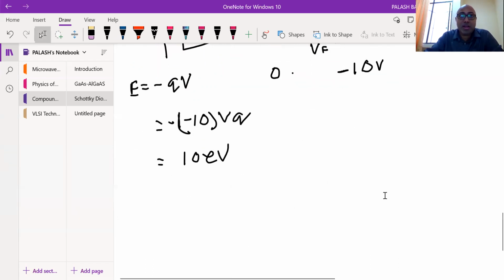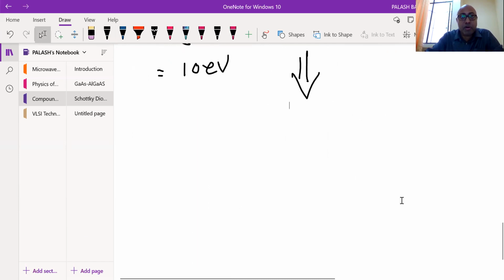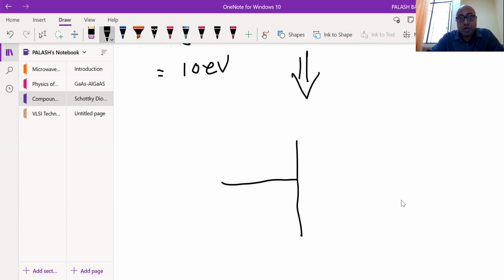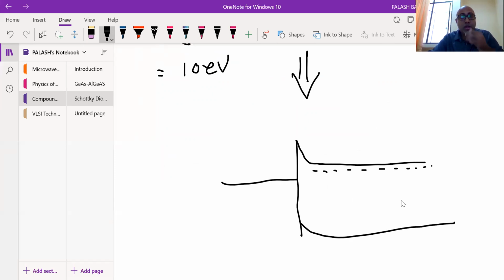So let us draw the modified band diagram under forward bias. Okay.